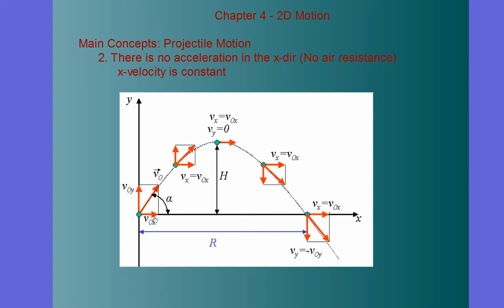If there are no forces, we'll have a constant velocity. That makes our life much easier because we know that this vector, and this one, and this one, are always in the same direction and always the same length. Because this is a velocity vector, if the velocity is constant, then the length has to be constant.